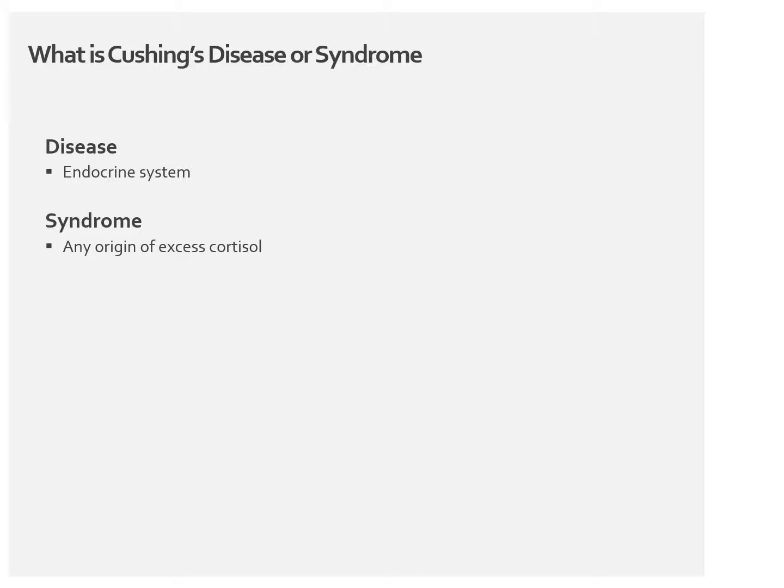And so for the disease, because it's an endocrine disorder, it's usually more of a cancerous disorder, whereas the syndrome is actually the name for anything that would cause excessive cortisol in the body that would result in similar symptoms as Cushing's disease.